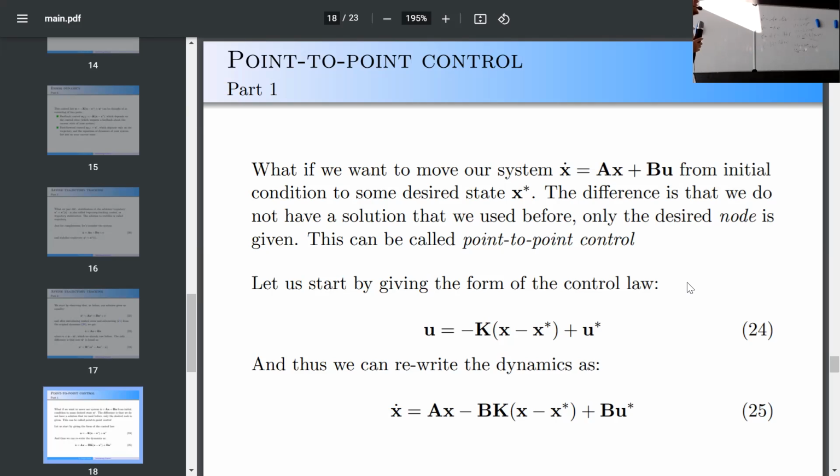Good. Now, I substituted into our equation x dot equals Ax plus Bu. What do I get? I get equation 25, where you see a minus sign in front of B, minus BK (x minus x star) plus Bu. Does it make sense how I got 25?